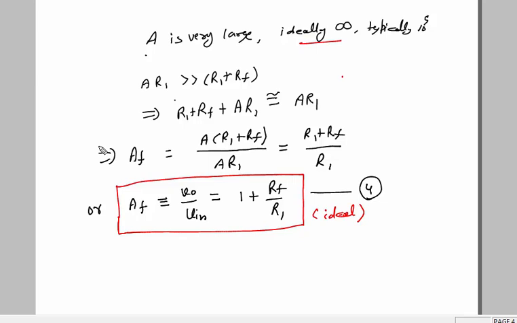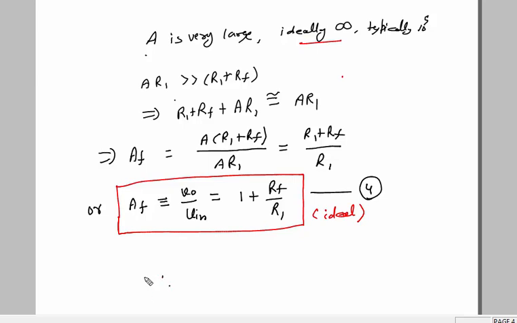Now what we can see here is that the gain is determined by the ratio of two resistors, R1 and RF. It means the gain is entirely dependent upon the feedback network, and this is what we have already established in the topic feedback.